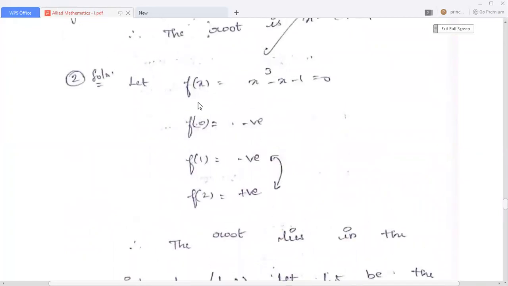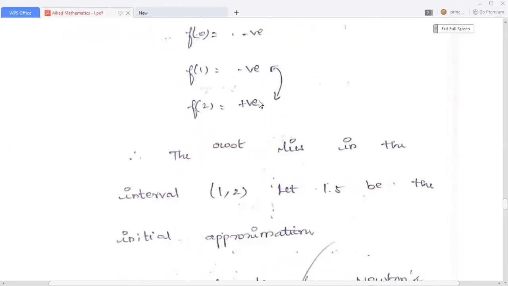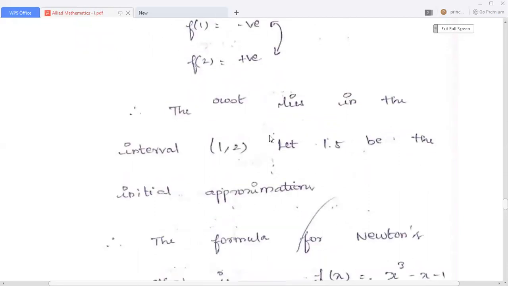So let f of x equal to x cube minus x minus 1 equal to 0. Here we find the location of the root. That means in which interval the root lies. That is to be determined. So for that we calculate f of 0 is negative, f of 1 is negative, here f of 2 is positive. Therefore, the root lies in the interval 1, 2.